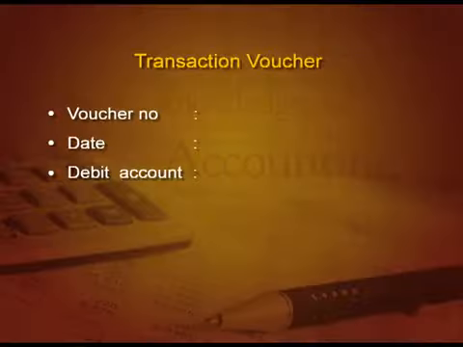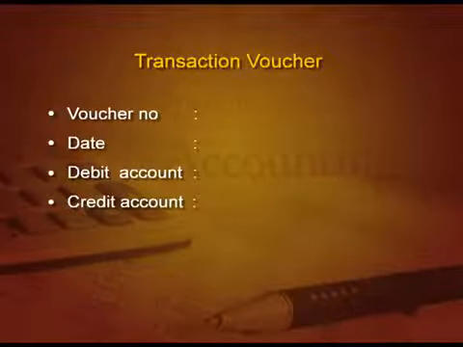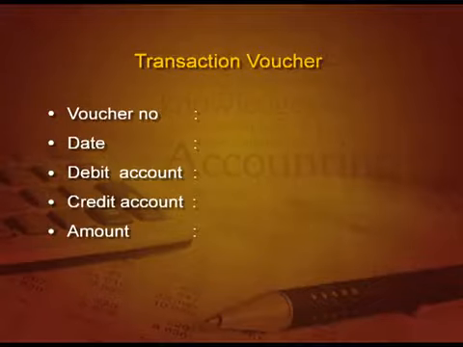In this case, we write the voucher number first and then the date, then the debit account, that is the account which has to be debited, and then the credit account which has to be credited, and then we write the amount in figures and words.